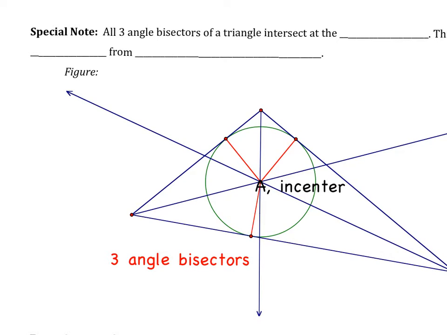All right, so we already talked about this a little bit, and that is the three angle bisectors of a triangle intersect at the incenter. You see it in the big letters there.